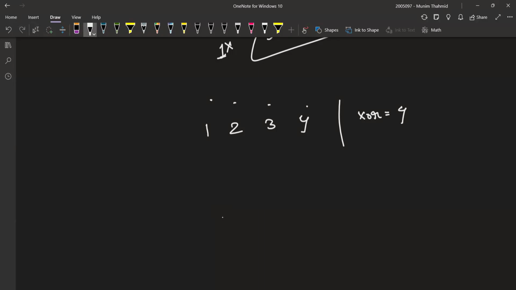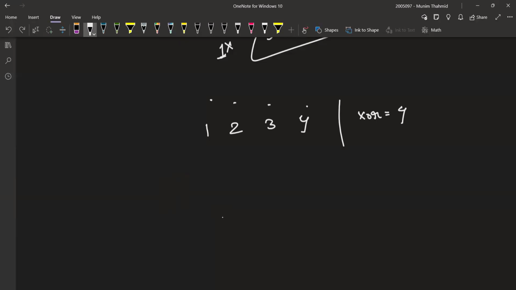And then what can be the other answers? I want to exhaust three values at a time.